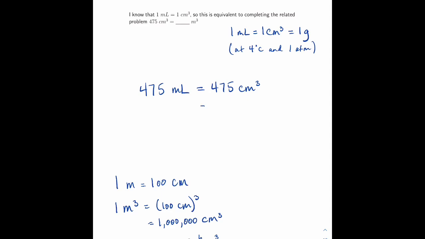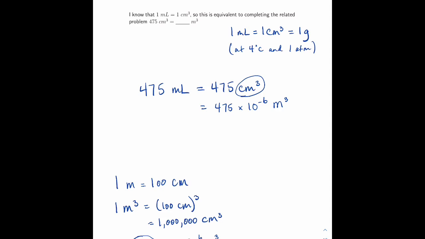So I can simply write this as 475 times this. I'm going to replace it with the equivalent value here, times 10 to the negative 6 cubic meters. There's Joy. I'll introduce you to Joy in a moment.